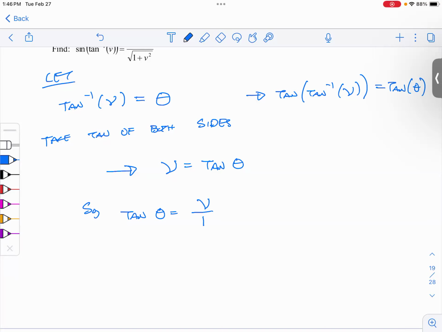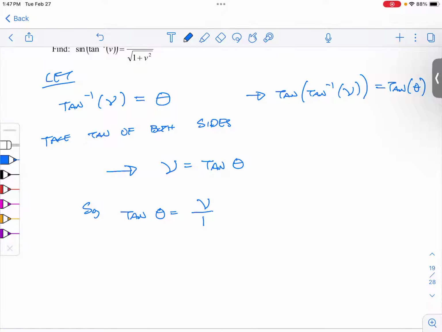Why not 7 over 2? Because then that would change the value of V. That's what throws people off the most. It doesn't matter if it says root 5 or 7 or 11. If tan theta equals a single value, it's that over 1.